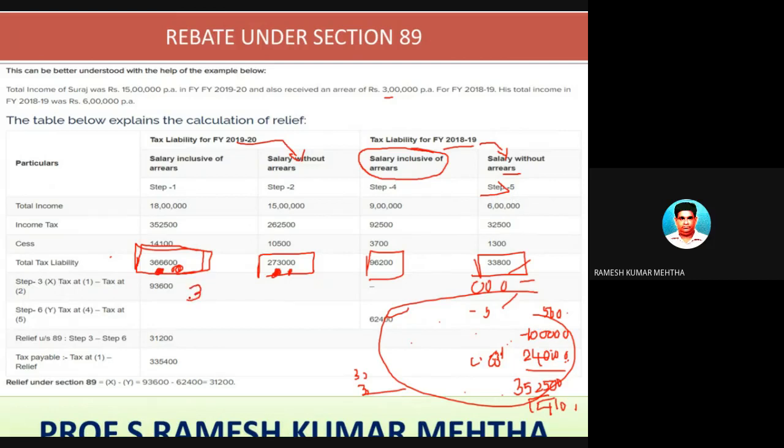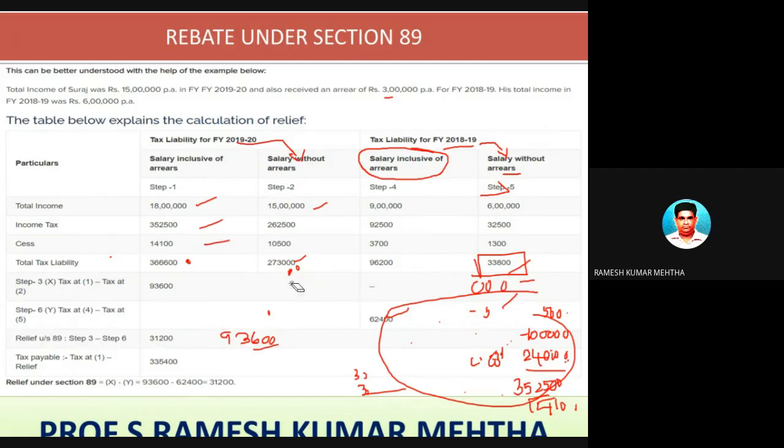So if you remove 2,73,000 from 3,66,600, you will get 93,600. So this is this figure. Hope you understood all these figures. And now after you have calculated this, from this you have to deduct this to get this figure. So this is also clear.